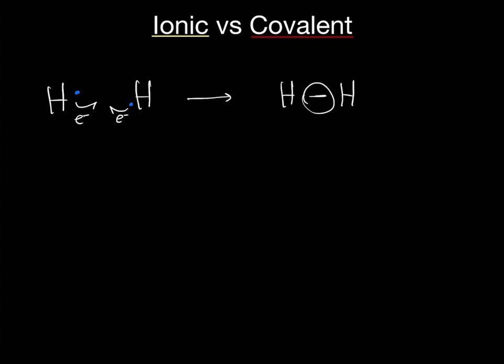The bond is going to be 2 electrons. Now, in this case, since the atoms that make up the covalent bond are the same atom, both hydrogens, this is classified as a nonpolar covalent bond.